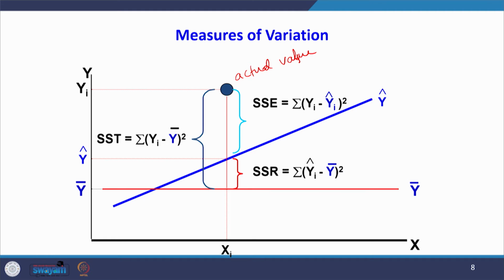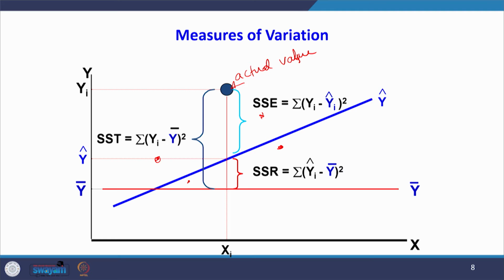We square the error, then sum the errors. Why are we summing? This one point is only for illustration purposes. There may be different points here and here. So, we are finding the total sum of squares, that is why we used sigma. The total sum of squares is the difference between the actual value and the mean value, squared and summed. That is our SST.